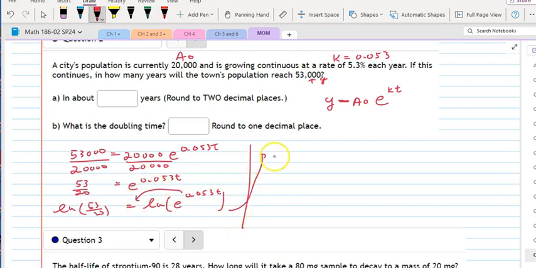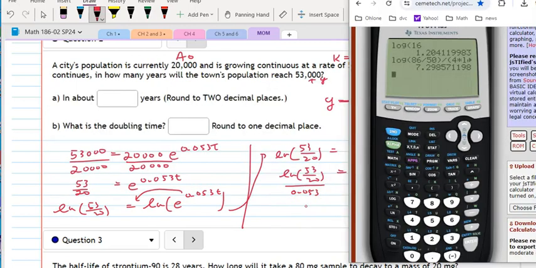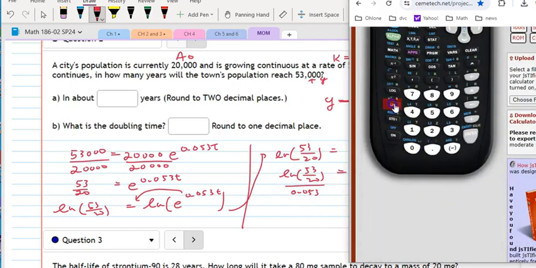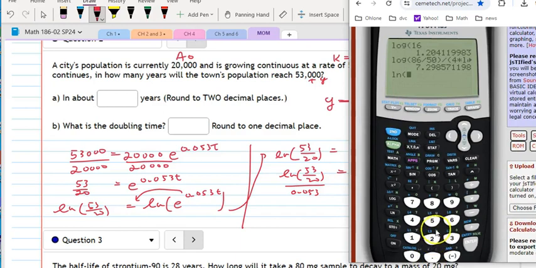Continue. ln of 53 over 20 would equal 0.053t times ln e, which is 1. So t would equal ln of 53 over 20 divided by 0.053. Put it in the calculator. We use ln: ln of 53 over 20 divided by 0.053. 18.4.